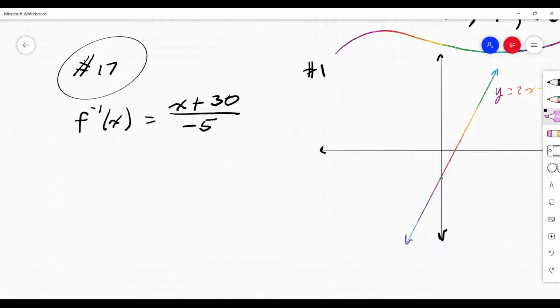Negative 1/5 x minus 6 is the inverse of f of x. What's the answer to 18? Inverse of f of x equals 1/4 x minus 5/2. Is the 2 and 1/2 the same as 5/2? Yeah. I like these problems. I'm good at them. Good.